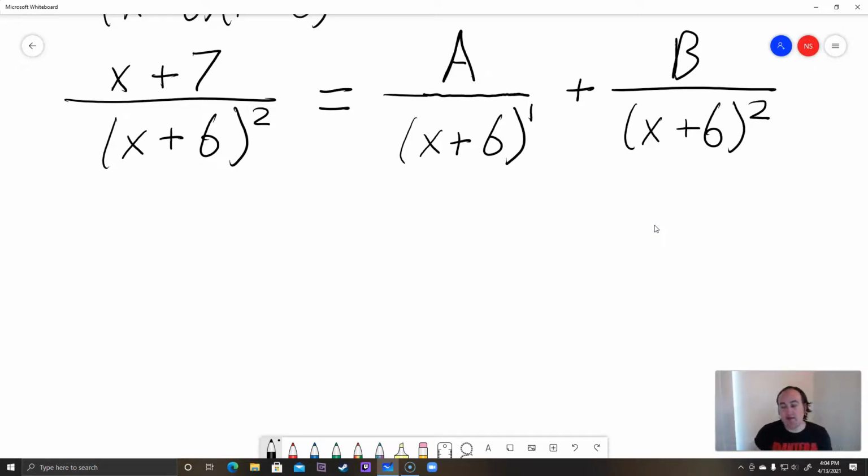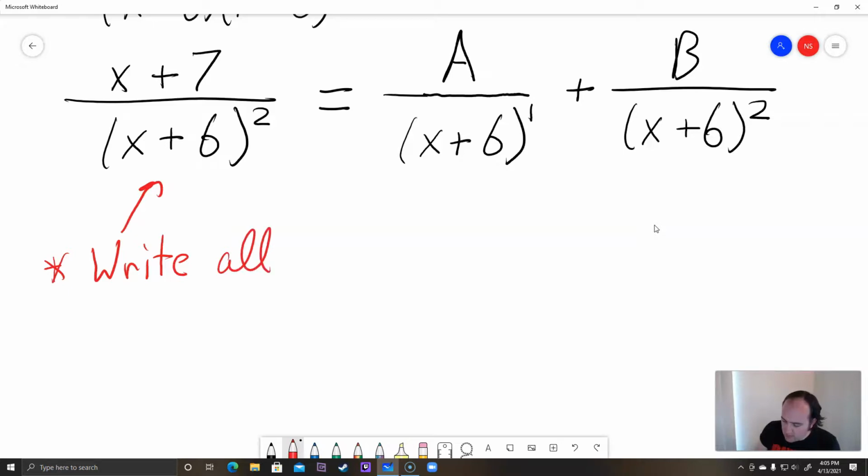Okay, so that's how you do it when you have a power of a linear factor. So how do I say that in words? Well, write all powers of that linear factor.